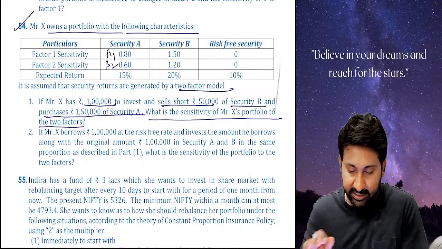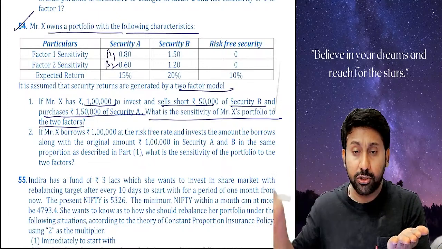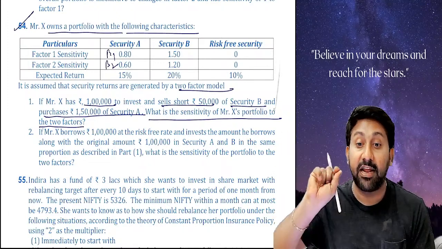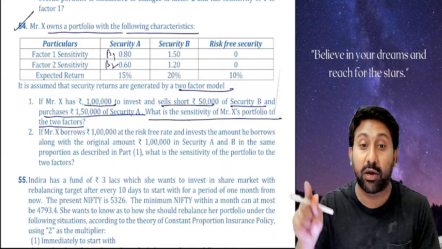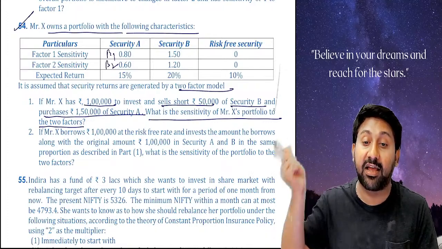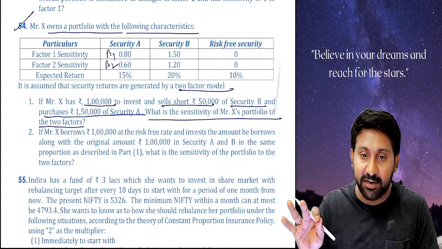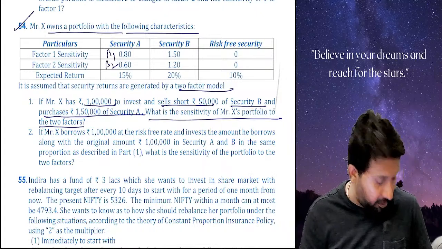How to answer this? Listen. Mr. X has 1 lakh. When he short sells 50,000, money will come, but I have a liability to return the share. Therefore I have a cash position and a share liability. When a share liability is there, beta will be there because a share is involved. So tell me, what is my portfolio wealth?